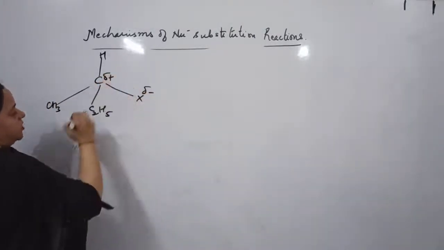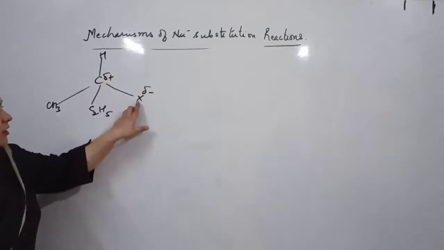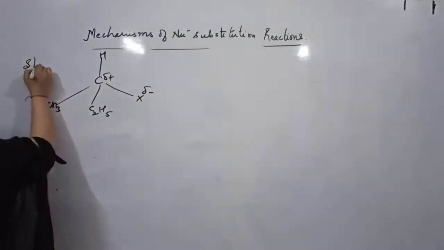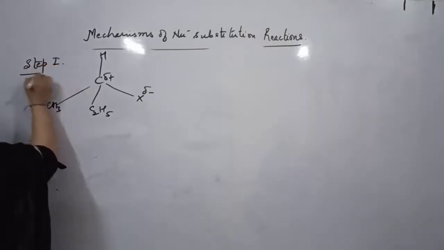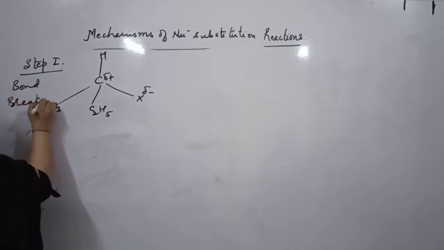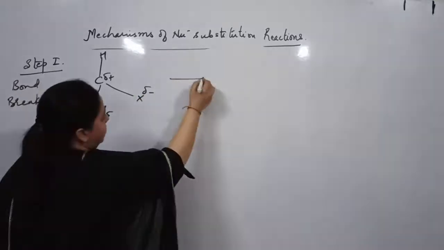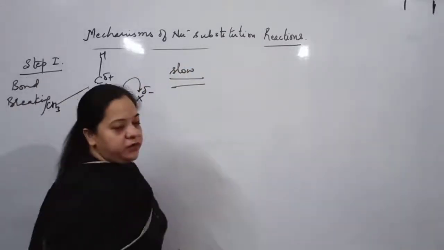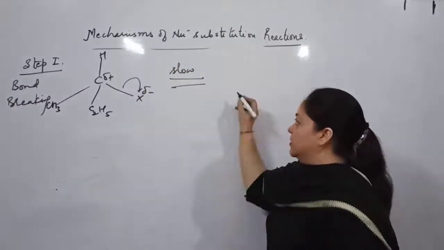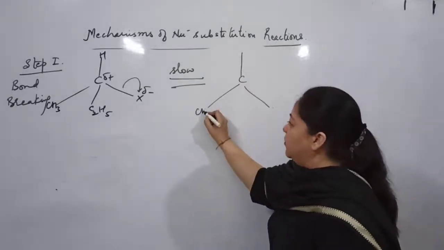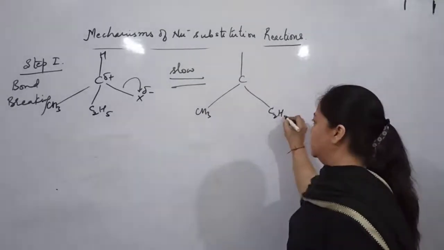Partial negative and partial positive charge, partial negative on halogen and partial positive on carbon. Step 1 is bond breaking, and this step is a slow rate determining step where the carbon halogen bond breaks. This leads to the formation of a carbocation intermediate.